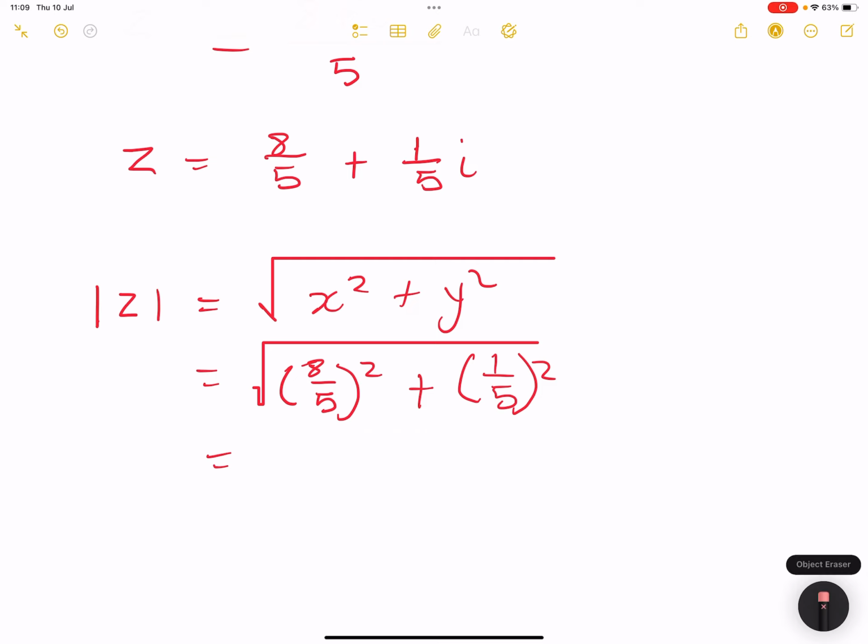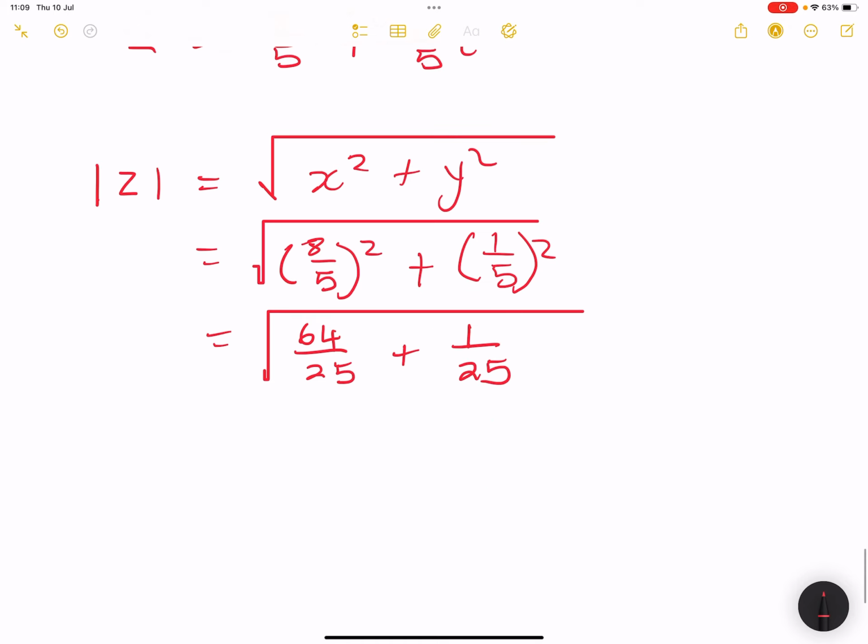Okay, but anyway, what I can do there is just simply say, all right, so we're going to have to do it from first principles, right? So 8 squared, that's 64 over 25. That will give us 1 over 25. So we can add those together. So that's square root of 65 over 25, right?